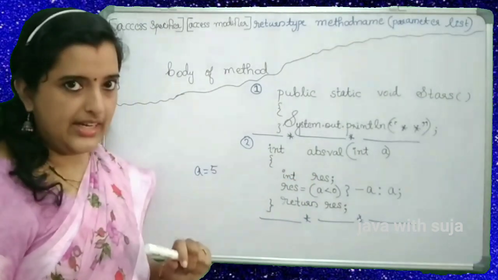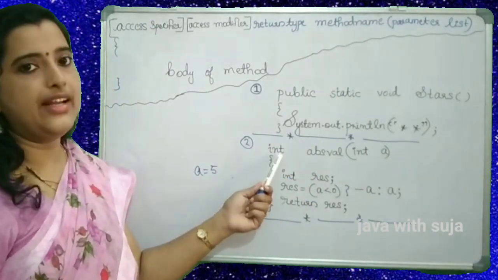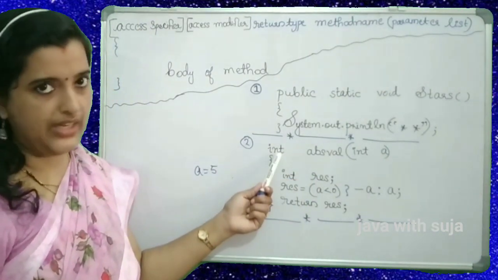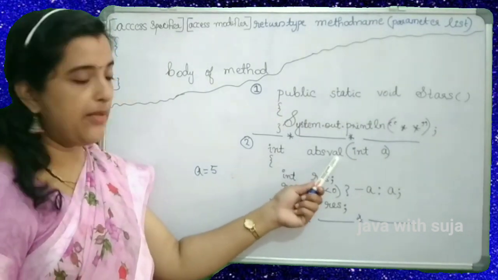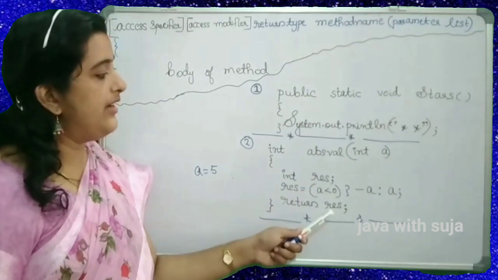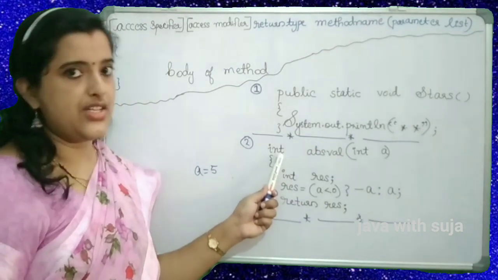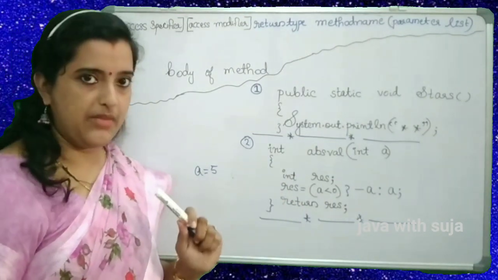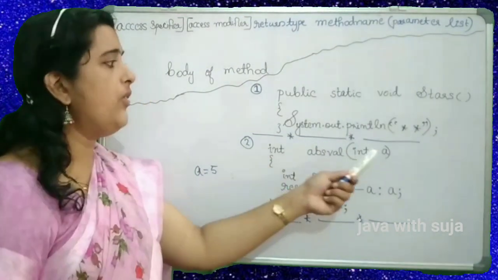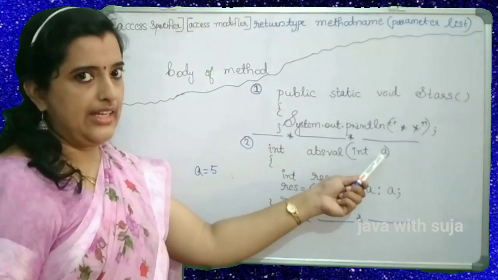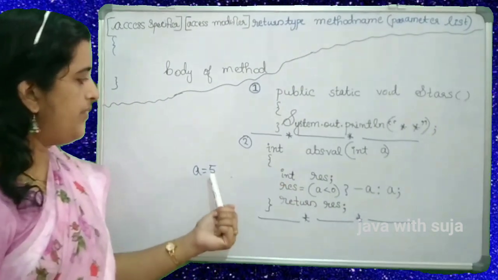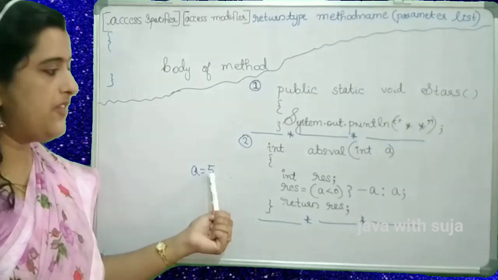Now come back to our second example. Here I have given the return type int, which means that this method xValue will return an integer value. That is why the data type given is int. Now here I have given an integer argument a. Let us assume that the value of a is 5.